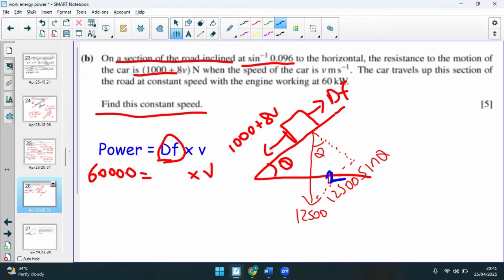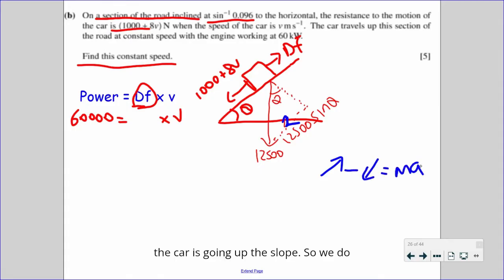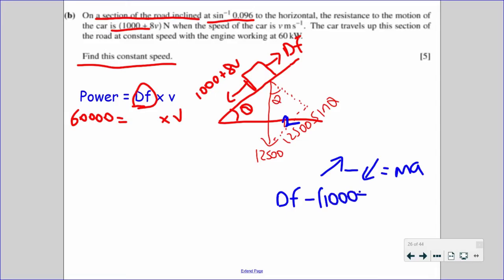Now, using F equals ma, the car is going up the slope. So we do up the slope minus down the slope. Going up, we have the driving force. Going down, we have this, and this is also going down. So we're out of space. Spread this.